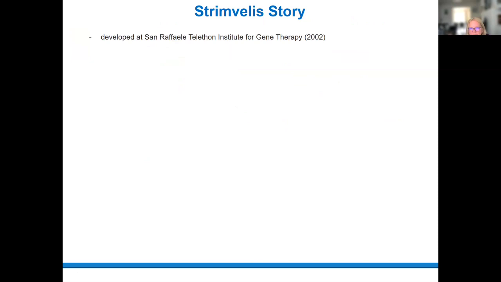However, there's a little bit of a story to this, which I'm going to try and tell you now. And it's a story that's a little bit concerning for people involved in developing gene therapy for rare and ultra-rare diseases. So the initial hypothesis was developed and proof of concept established at the San Raffaele Institute in Italy in the early 2000s.